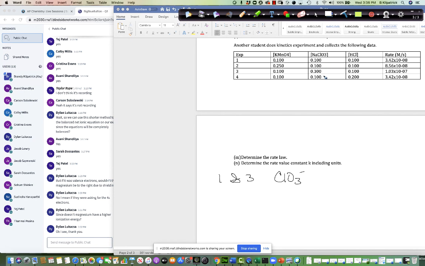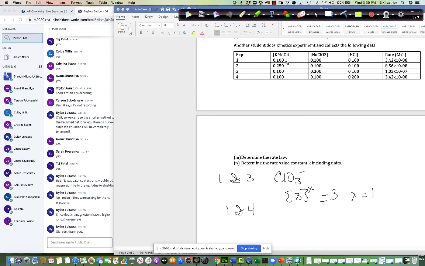So if I look, the amount of chlorate changes by a factor of 3. And then if I look at my rate, so what happens to my rate as an effect of changing this? Well, it goes up by a factor of 3 as well. So then X has to be to the first. It's first order. So then we're going to look at experiments 1 and 4.